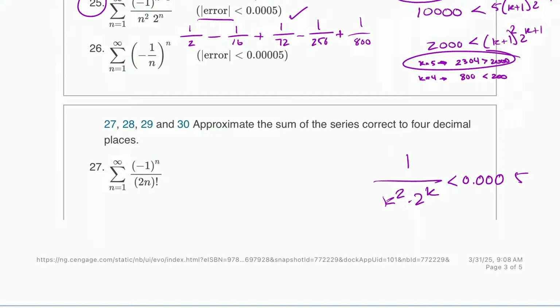Oh, that's the next term. Oh, okay. Yeah, that's what I mean. What's the error? What's the bound? Just how big can the error be? Yeah.